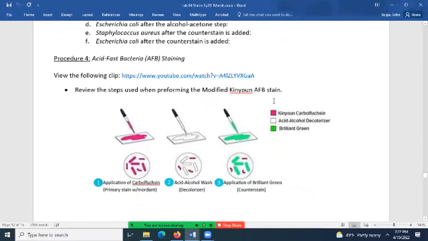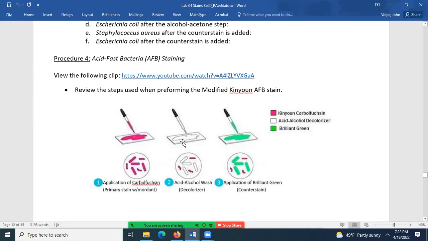We have a little movie for you. The acid-fast stain we're going to talk about is the modified Kinyoun acid-fast stain, which uses Kinyoun carbol fuchsin. The primary stain, which is carbol fuchsin, the first stain, stains all the cells pinkish.